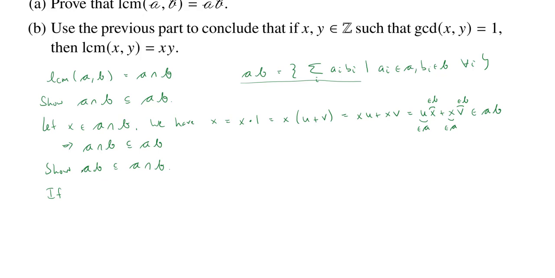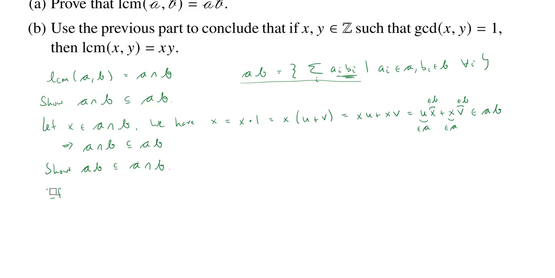To show that the product AB is contained in the intersection, in principle, we've shown that all of these sums are in there. But we know that if you can show that all such products are in there, then you're also going to get that all such sums of products are in there because A intersect B is an ideal.